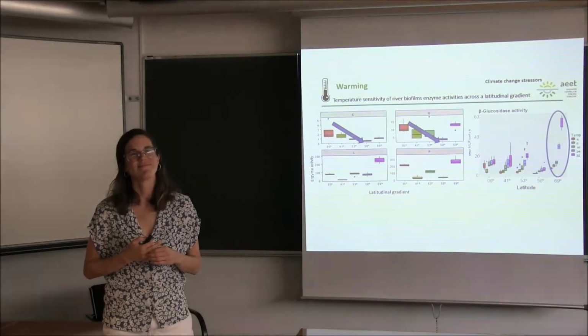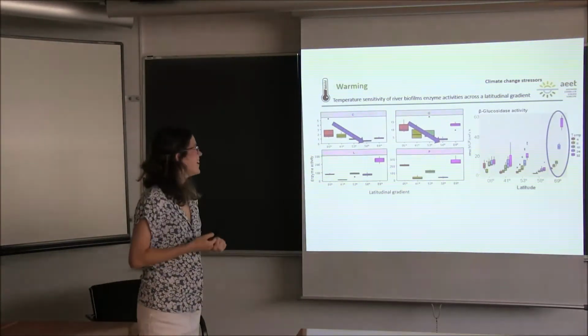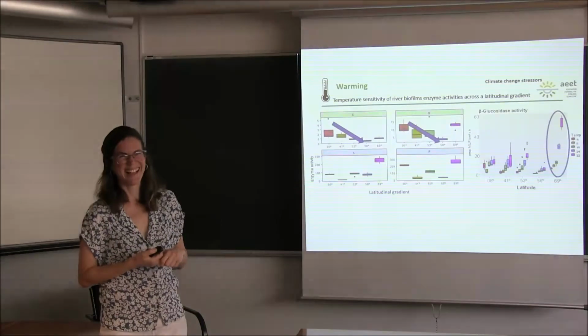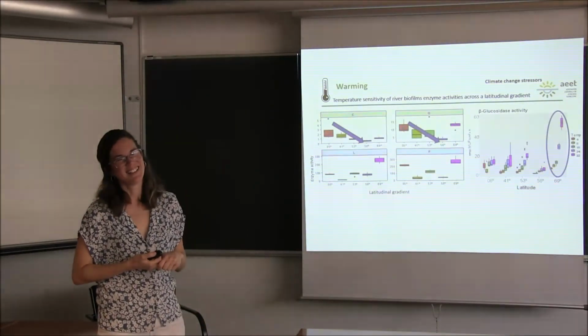I also had one comment related to this graph, because you explained it talking about latitude, but for me it's not a relevant variable here. No, why not? Because you can find many different places at each latitude.